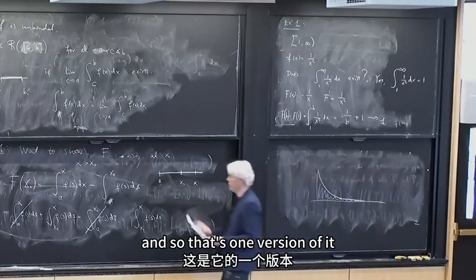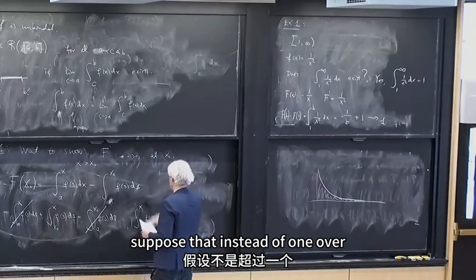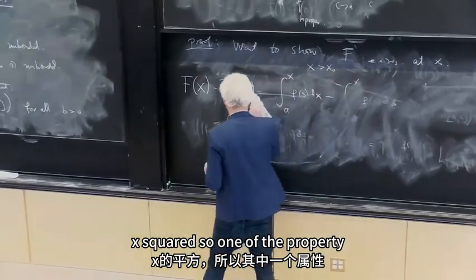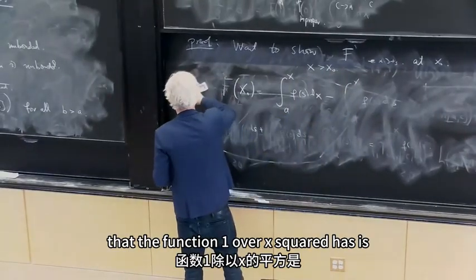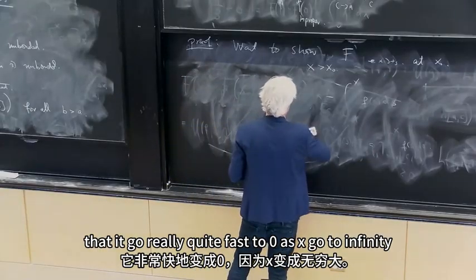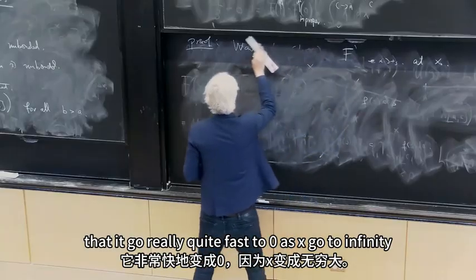So that's one version of it. The property that the function 1 over x squared has is that it goes quite fast to 0 as x goes to infinity.